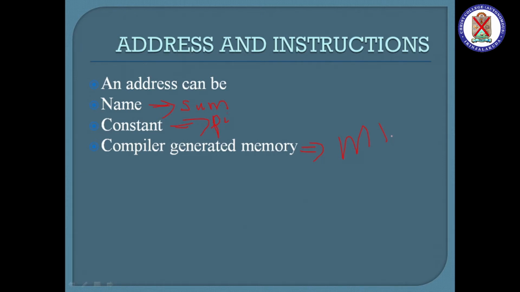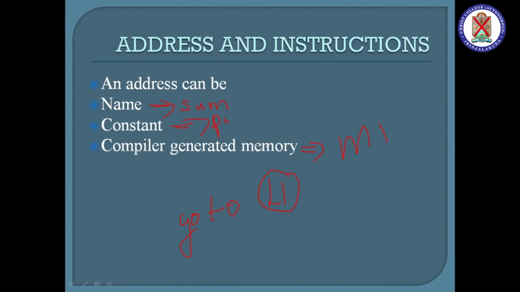So when we are considering the 3 address statements, we are considering another important topic, that is called symbolic labels. What do you mean by symbolic labels? For example, go to L1. L1 is called a symbolic label.